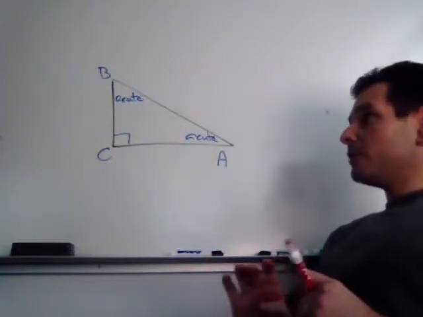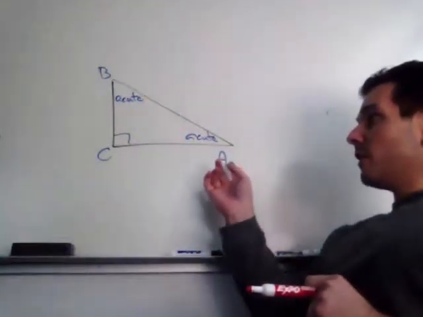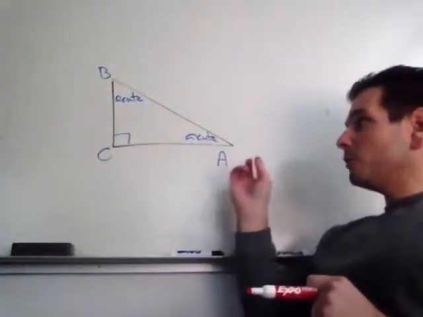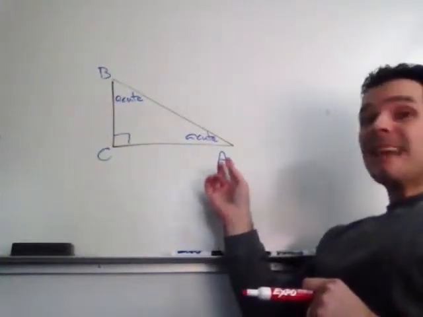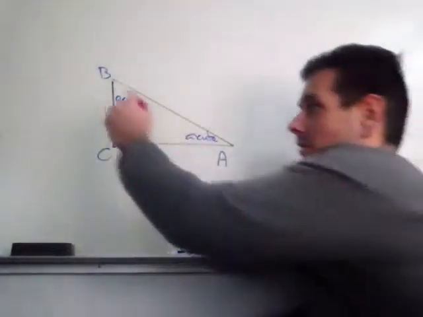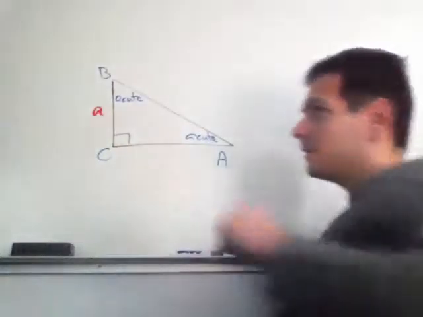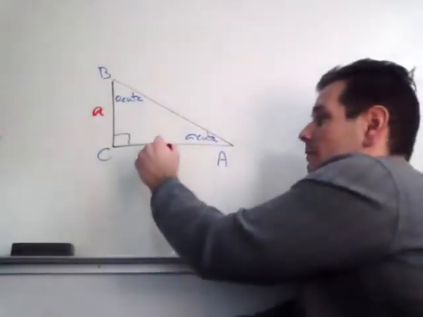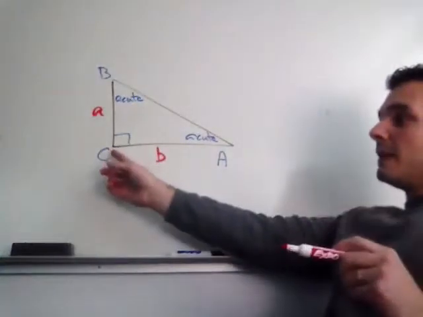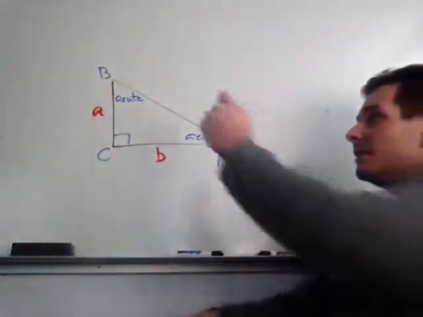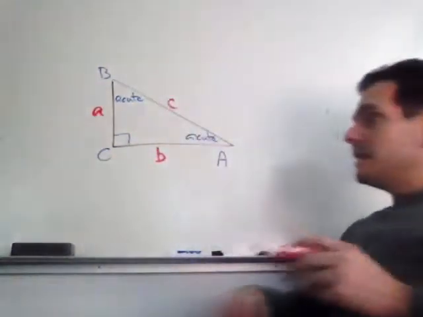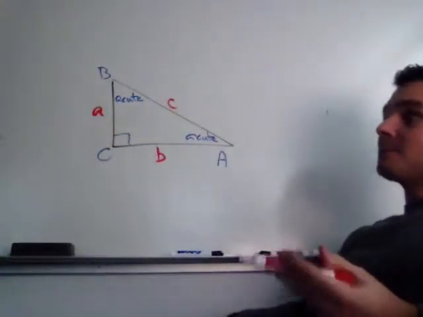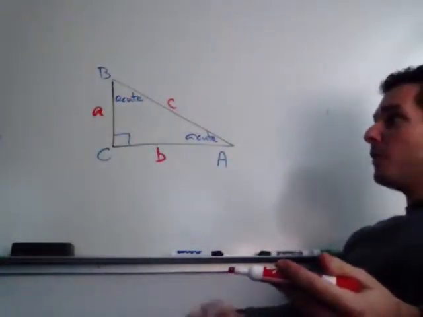What usually happens with right triangles is, if you have right triangle ABC, you call the side that's opposite angle A lowercase a. You call the side that's opposite angle B lowercase b. And you call the side that's opposite angle C lowercase c. You probably recall this from geometry.